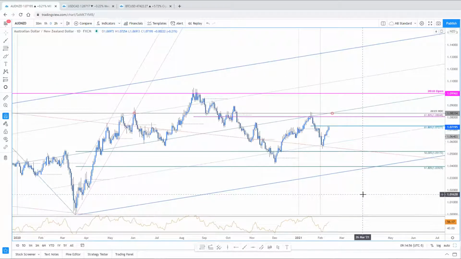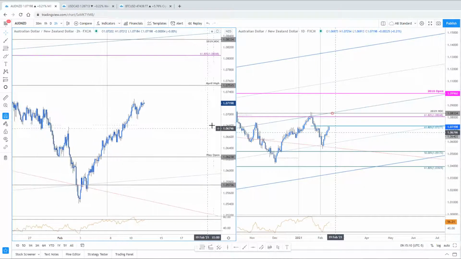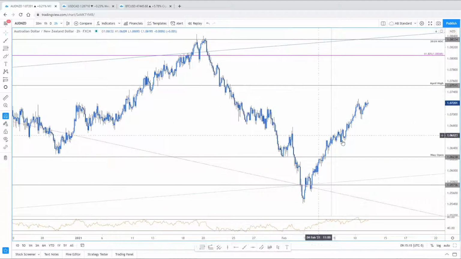I don't like the positioning here. Now, from a near-term standpoint, you actually might have an opportunity to press a short. That's on account of if Kiwi dollar has broken out and Aussie is still below resistance, that would be the focus I would take, the tack I would take on a trade like this.